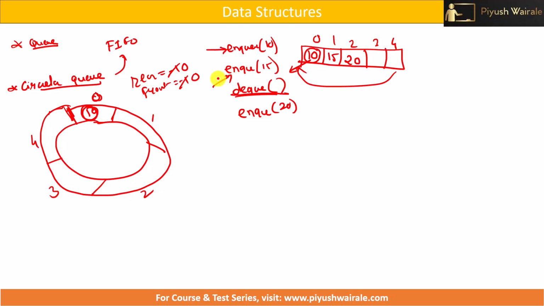Now if we add the next element, that is enqueue 15, now 15 will be like this here. It means the front will be 0 only, and now the rear will be 1 here, right?